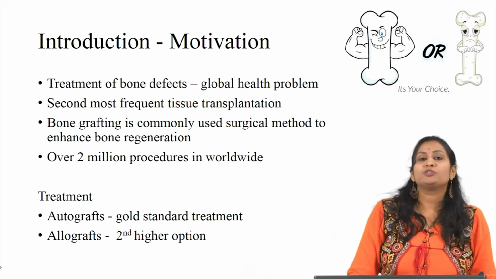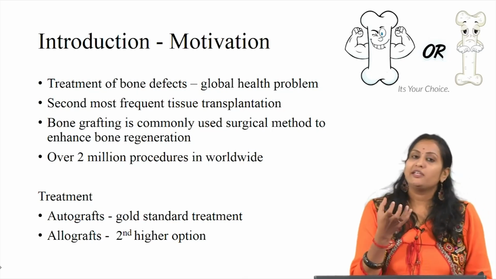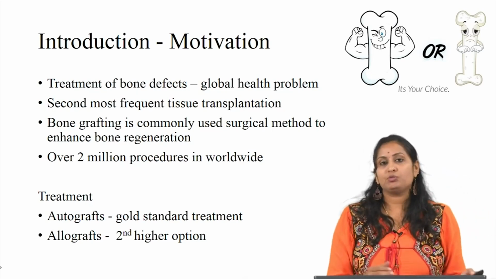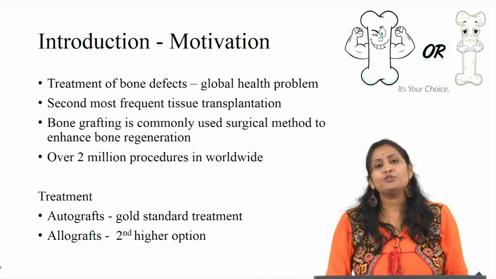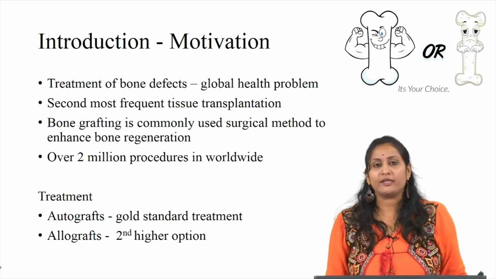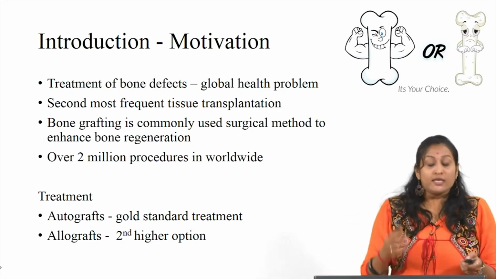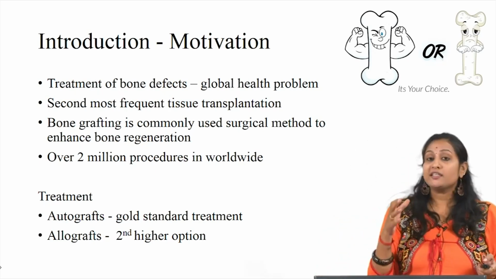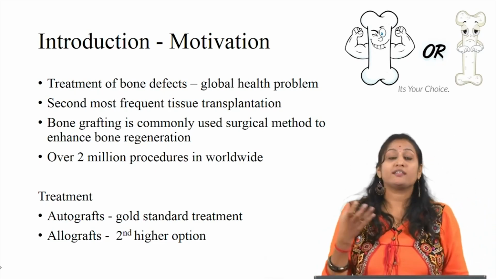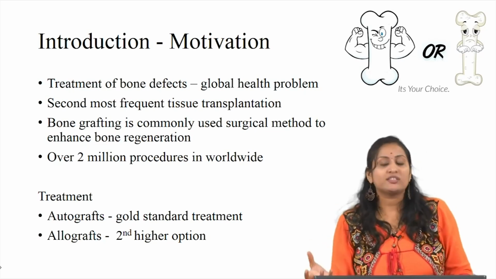And the second option is allografts, where we graft a tissue from a different individual of the same species. Though autografts or allografts are considered to be the standard treatment for bone grafting, autograft requires a harvest site. It not only increases the pain, but also increases the time of surgery, bleeding and donor site morbidity.